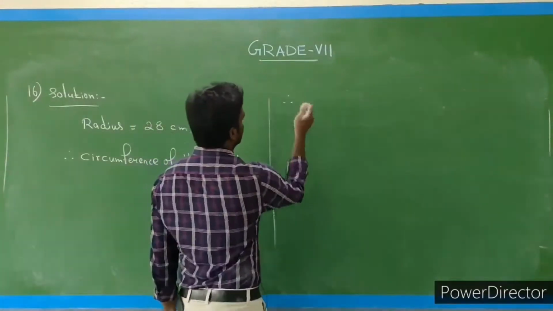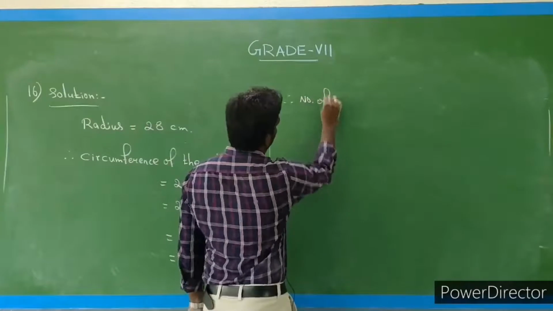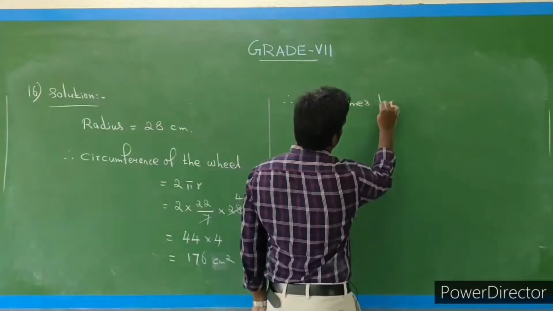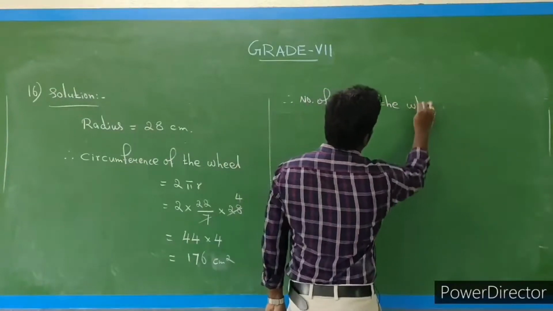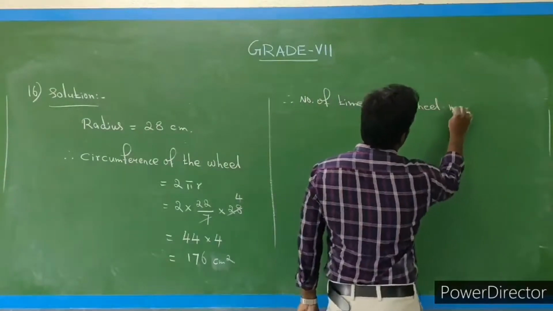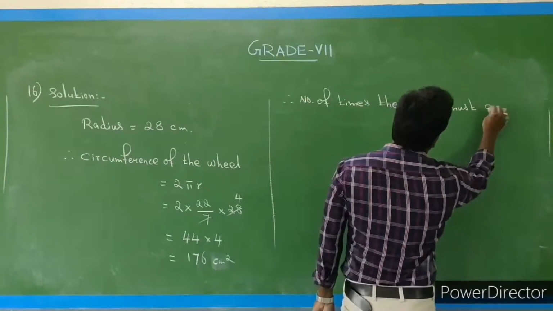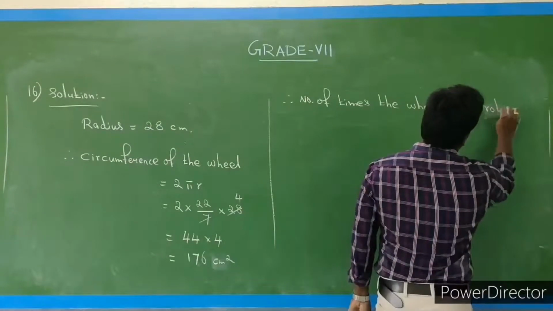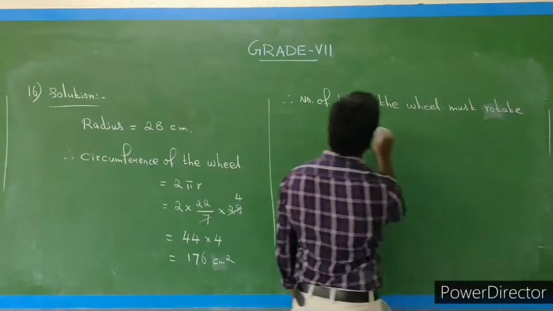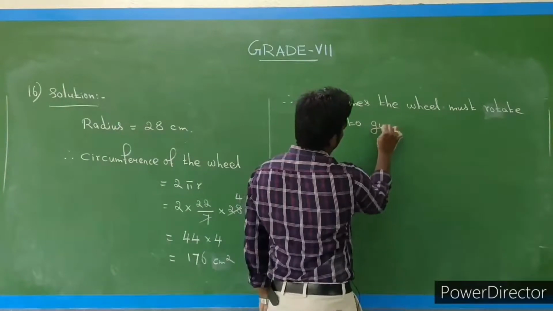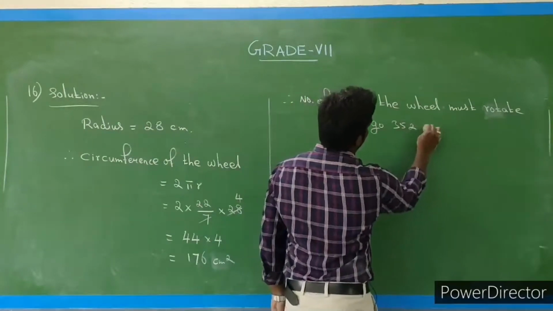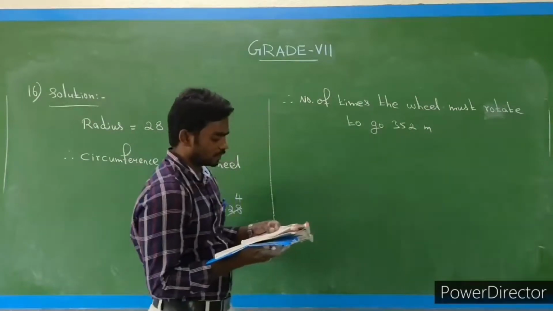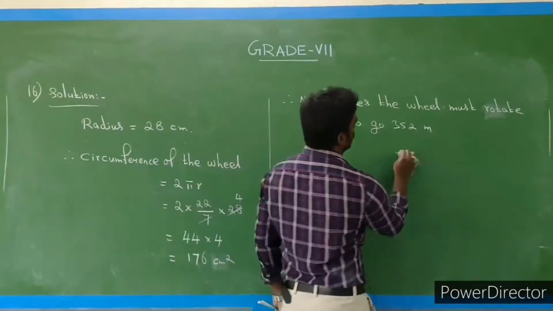So therefore, the number of times the wheel must rotate to go 352 meter is equal to, how to find this?